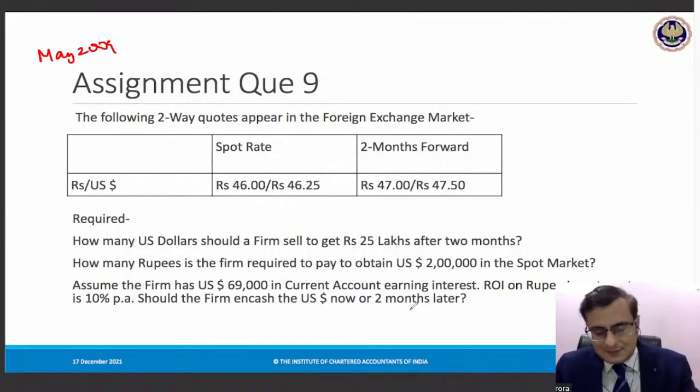Why I'm saying simple is once we complete this, you'll get to know that it was not that technical. The only thing students could not do properly was the understanding of the base currency.